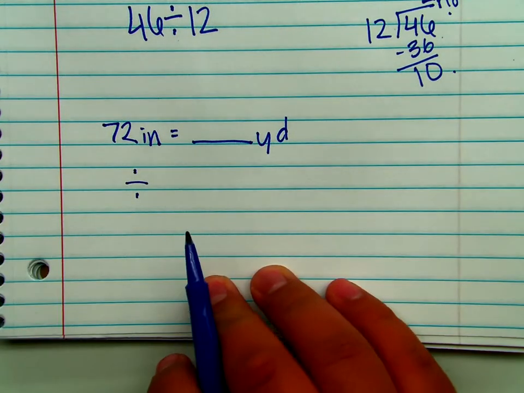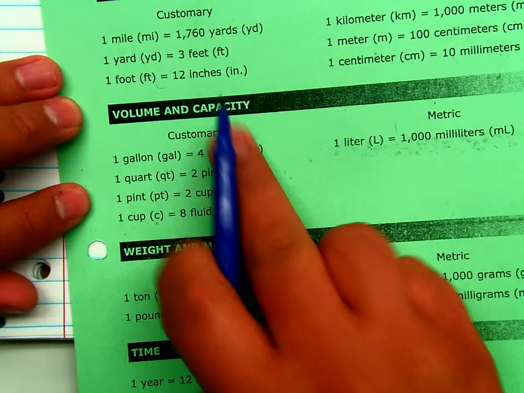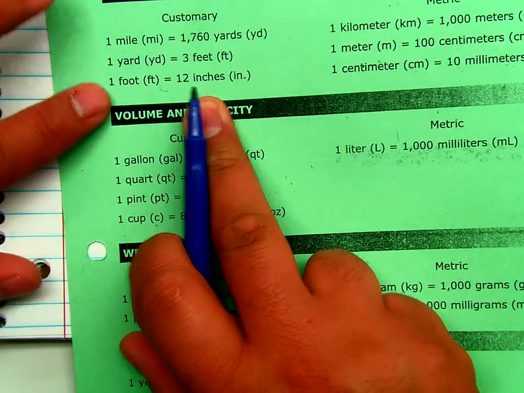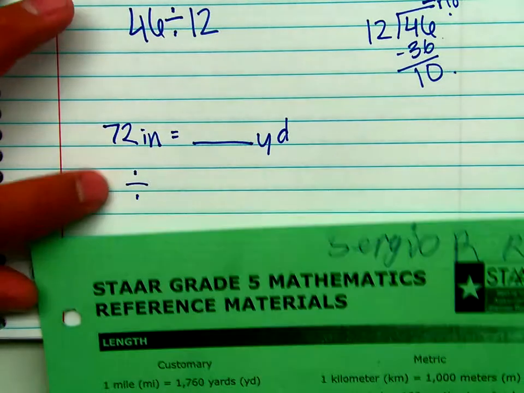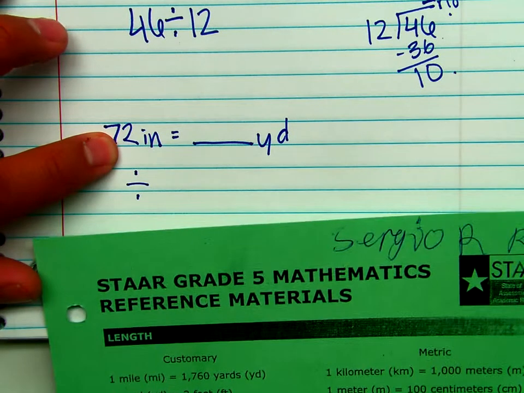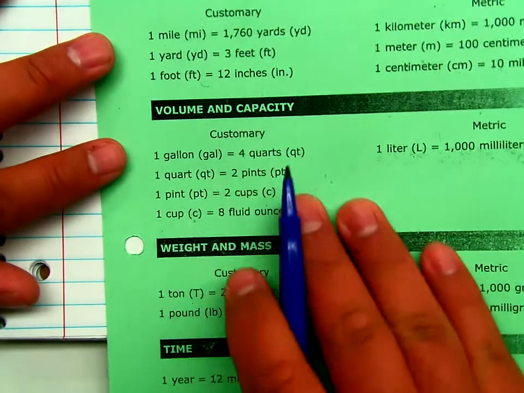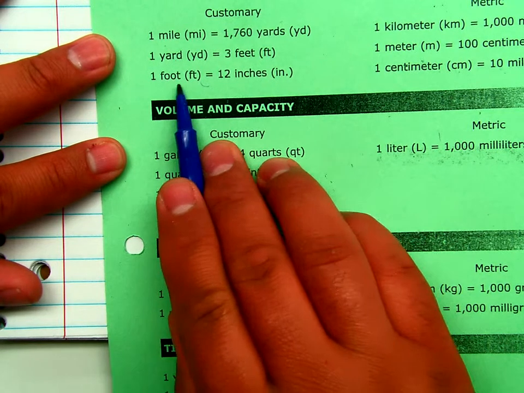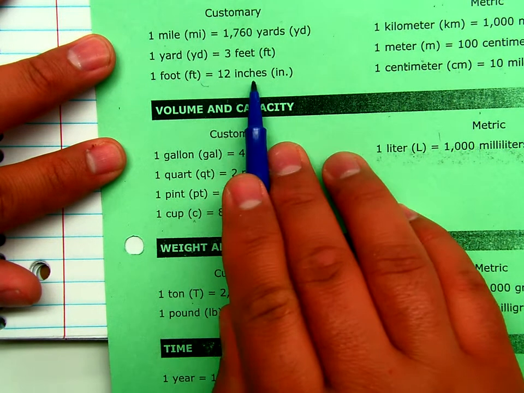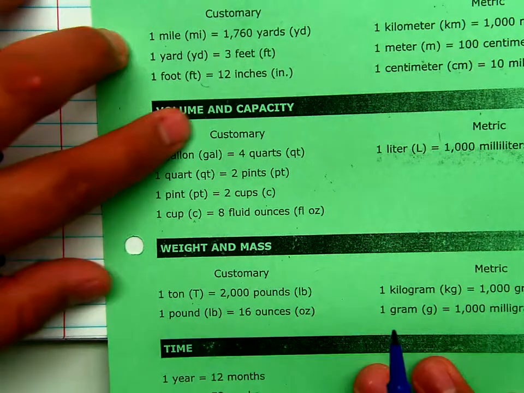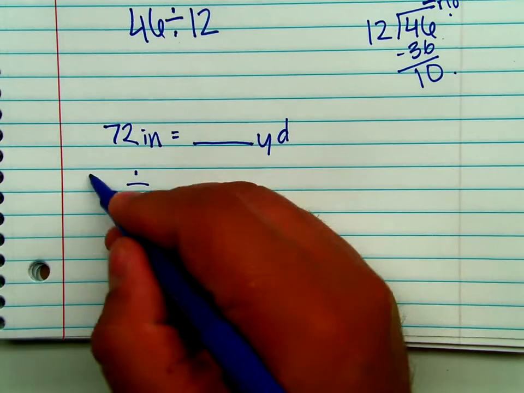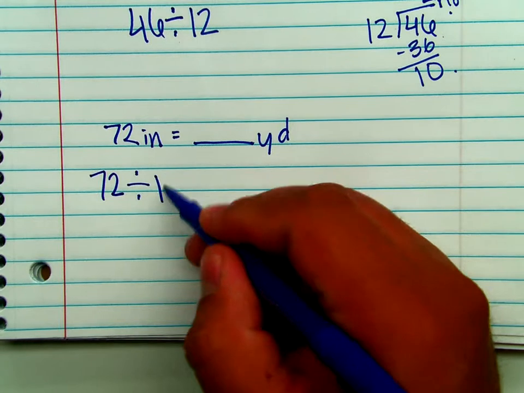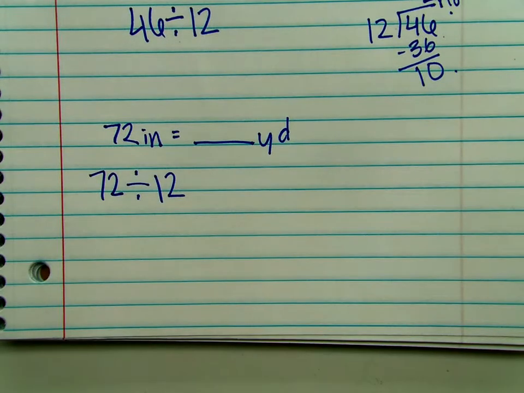So I notice on my chart that I don't have inches to yard. I actually have inches to feet. And my problem wants me to go from inches to yard. So in order to do that, if I start at inches, I have to go through feet. Inches to feet, and then feet to yards. So let me go inches to feet. There's 12 inches in a foot. So I have 72, which I bring down. I'm dividing by 12. There's 12 inches in a foot.